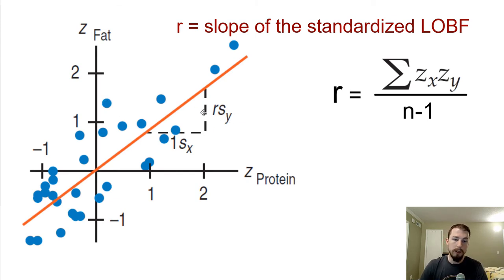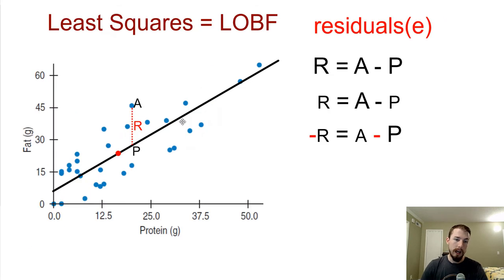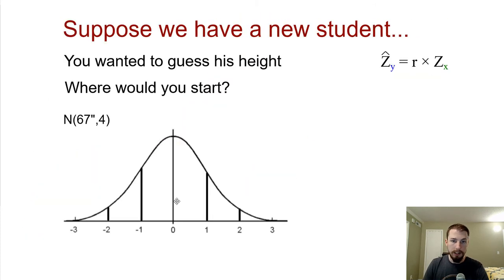We don't know. So it's going to be the correlation coefficient of 0.83 times the standard deviation of the fat, which we said was 4, divided by the standard deviation of the protein, which was 5. And that will bring it back to the actual units, grams of fat per gram of protein, which is kind of cool. All right, fascinating stuff.